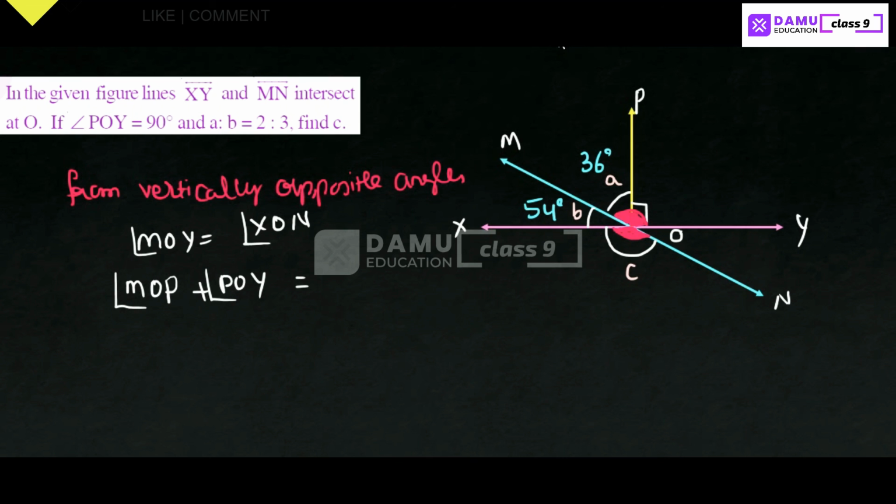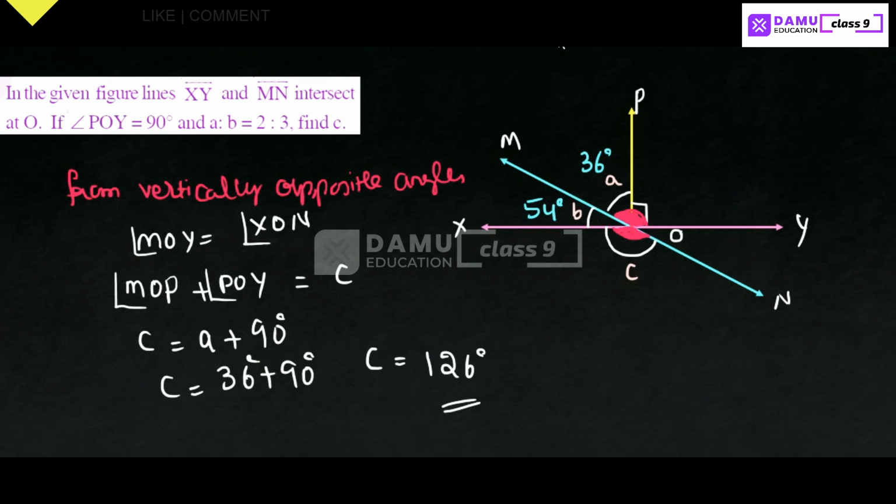That will be equal to XON, which is nothing but C. So MOP is nothing but A, plus POY is 90 degrees. A is equal to 36, plus 90 degrees. Then C is 90 plus 36, so that is 126 degrees.